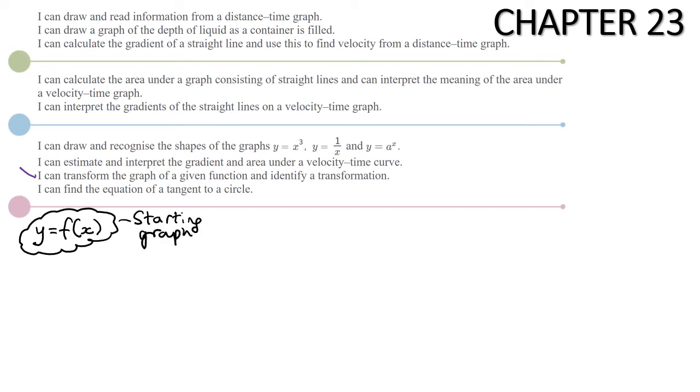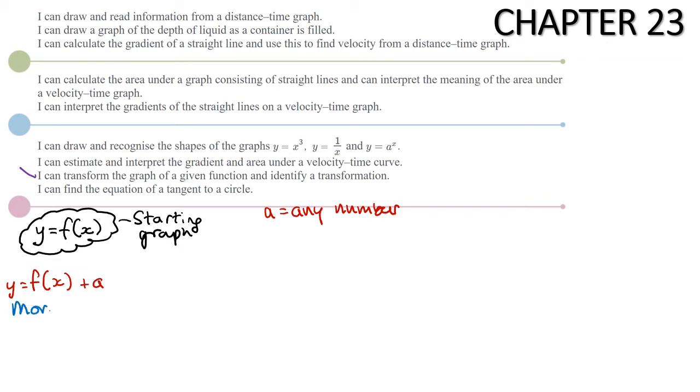Maybe you move it up or down, you reflect it in either the x or y axis, and we're going to recognize each type. The first type is if you see y equals f of x, so that's like the original graph, plus a. Whenever I write a here, it can be any number that goes there. What this means you do is you move the graph up by the number.